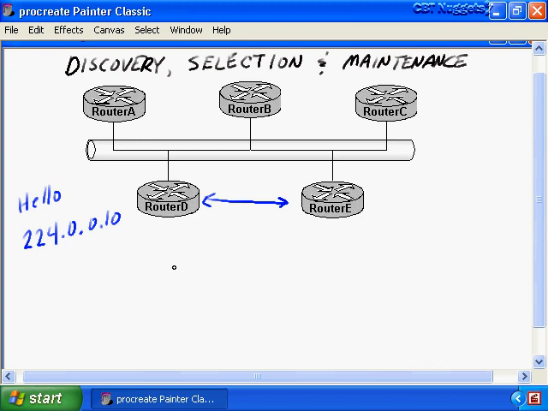We saw the three different types of tables previously in this nugget. Once an EIGRP router gets a hello packet from a router in the same autonomous system, it's going to establish an adjacency or neighbor relationship. Realize that EIGRP adjacencies must occur within the same autonomous system.